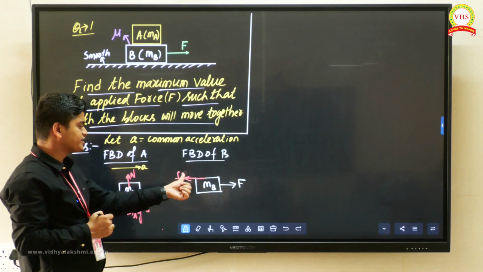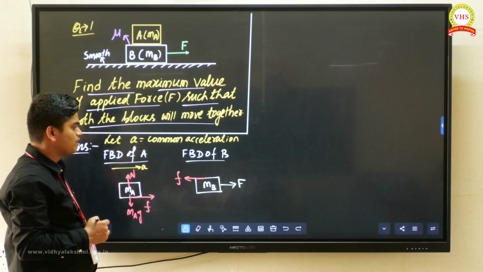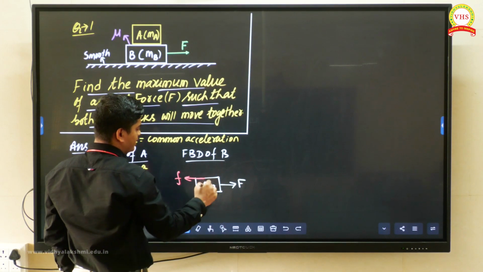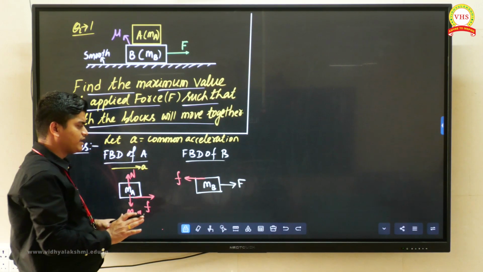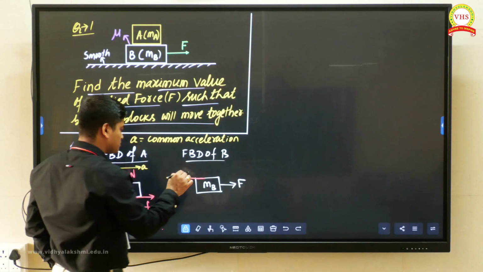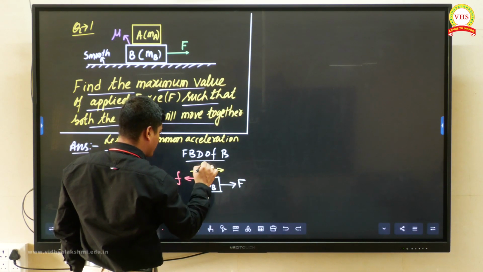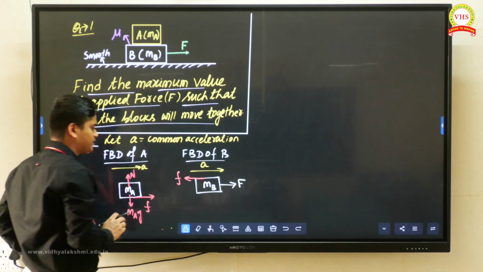So for B, friction acts in the opposite direction. Next, the normal reaction, N, and MBg, is not required basically, you keep it. Now here the acceleration is a, in this direction.